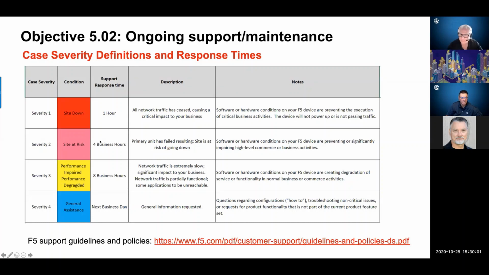So understand the response times of these and when you would use them. You might see questions on that, because sometimes you might open a case for information on something, like how to create an SSL profile, but if you open it as a severity 4 or 3, you're not going to get a response until the next day. So just keep that in mind.